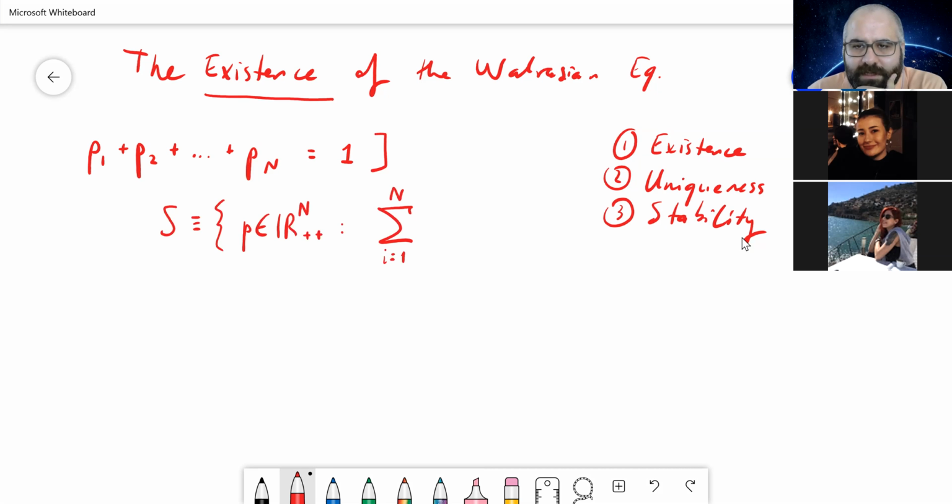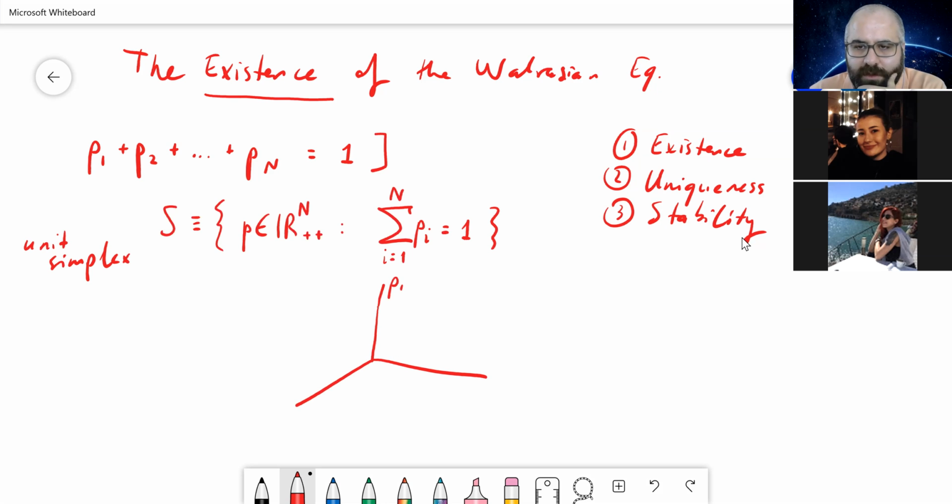And to be in this set, these prices must satisfy that. Okay, again, this is called the unit simplex.